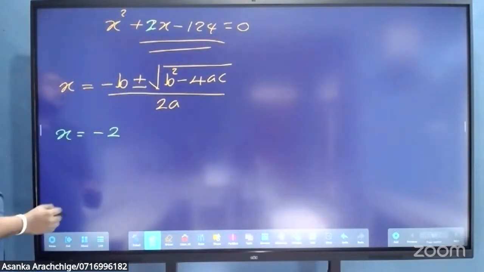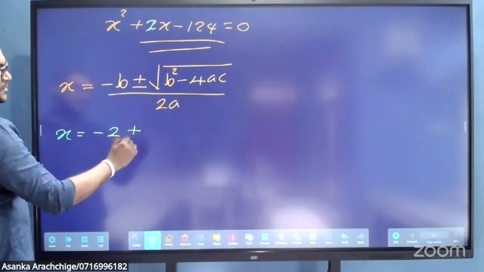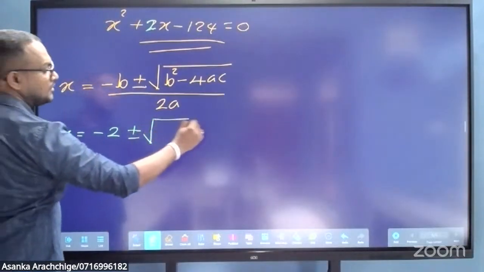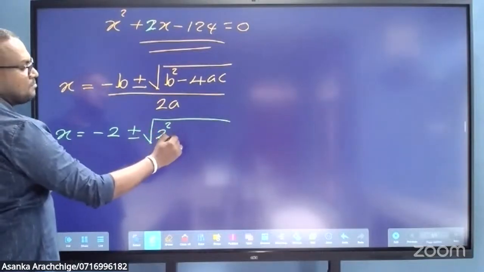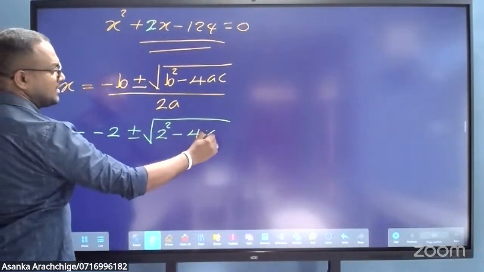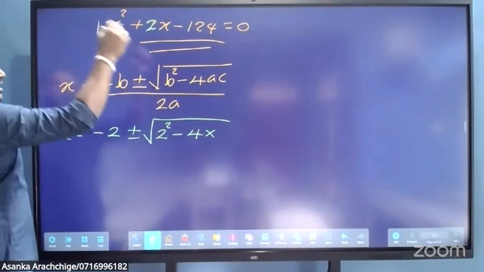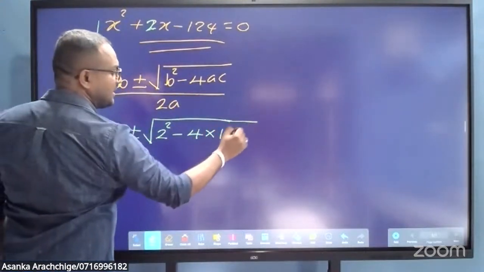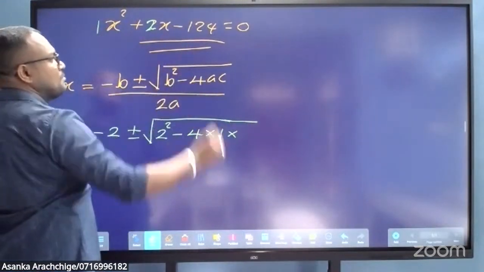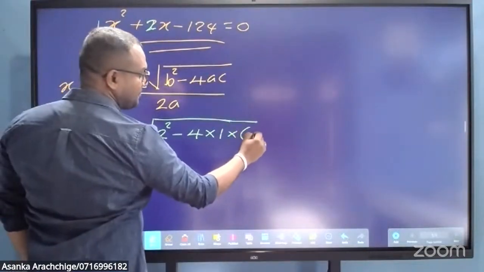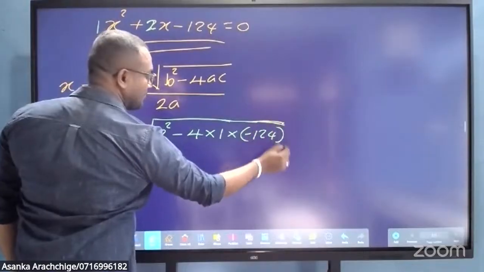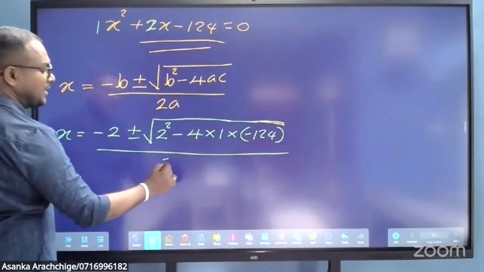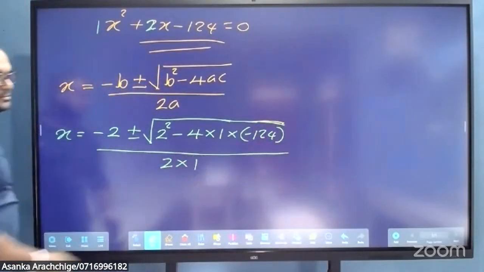Then 2 plus or minus square root of b squared, 2 squared, minus 4 times a is 1, times c is minus 124, upon 2a, 2 times 1.